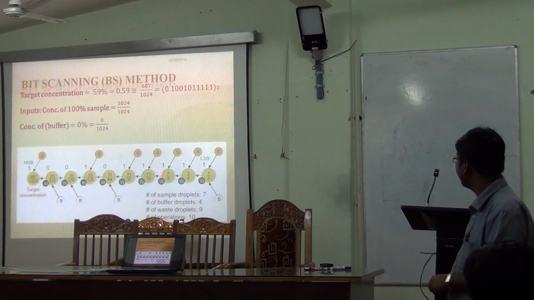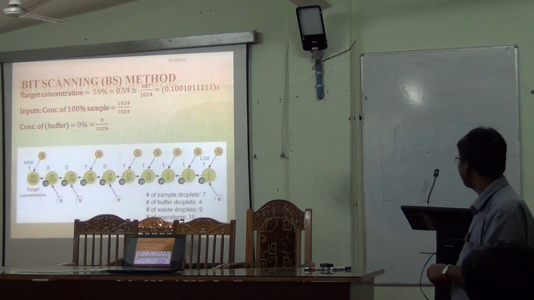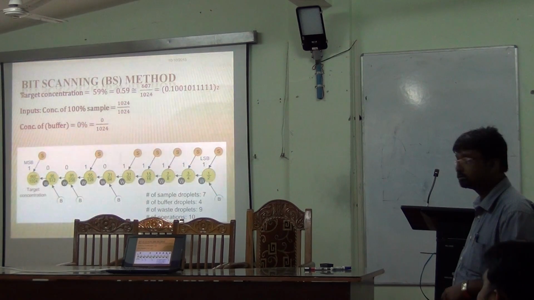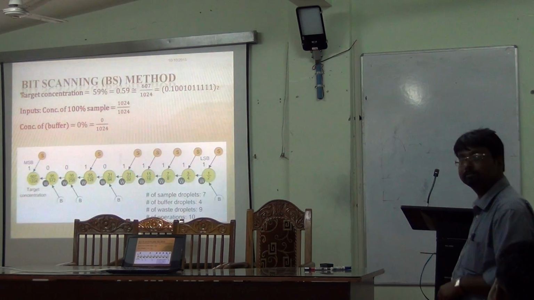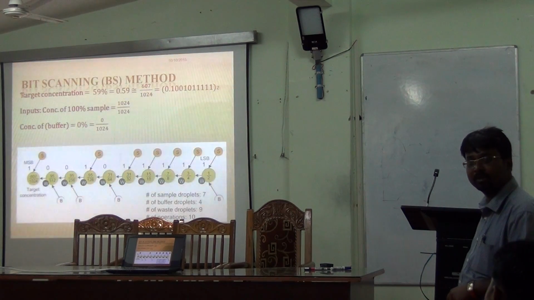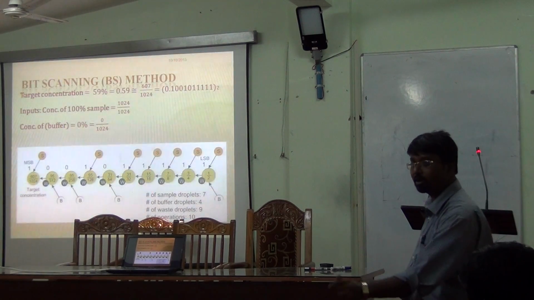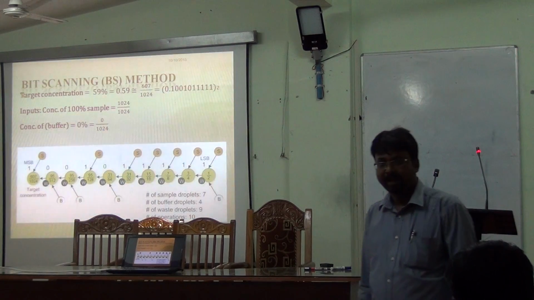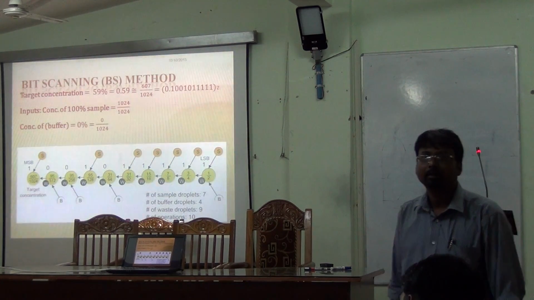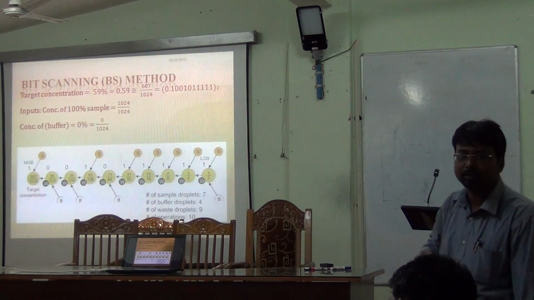Then again we do the same. Once it is a 0, then the buffer comes. So you find the control word and put the control word into your chip for this propagation of mixing, and finally you get some sort of pulse. This pulse is actually the control word you are sending.